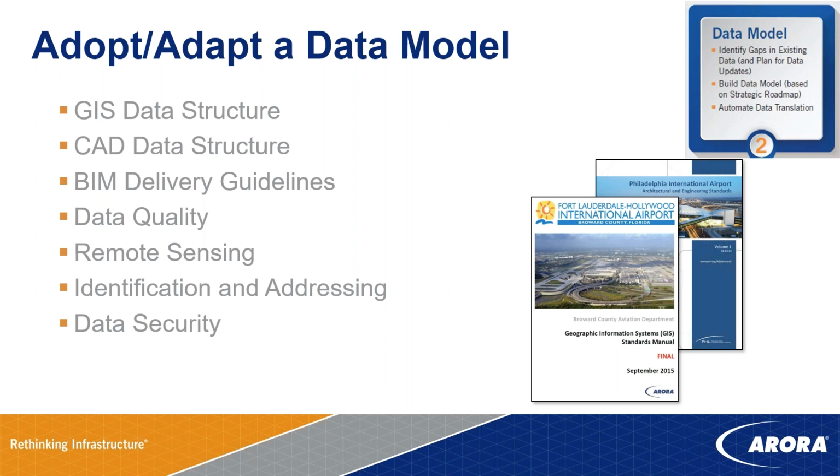In this phase, it is also important, we think, to establish data quality expectations, as well as identification and addressing standards. Consistent naming is becoming an increasing challenge that airports need to meet, just based on the amount of interior wayfinding solutions that are being requested by your stakeholders.